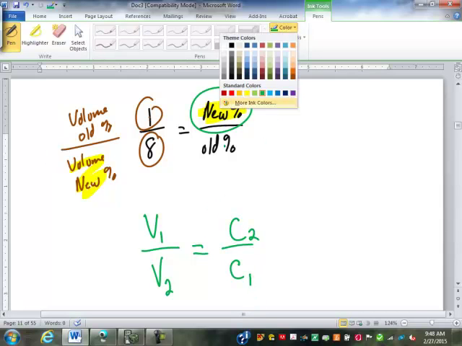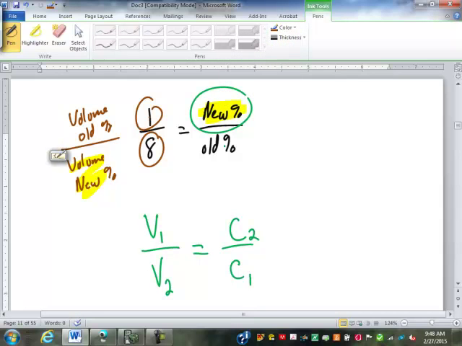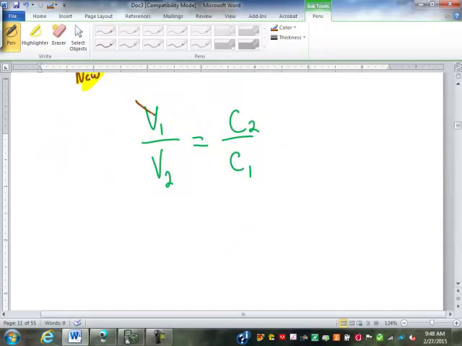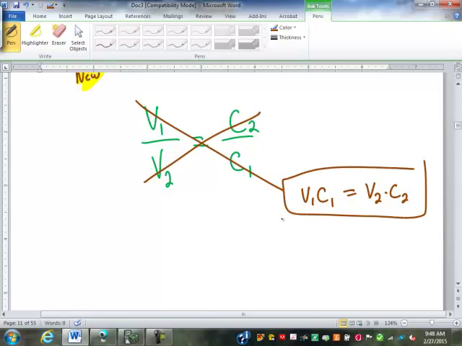If I rearrange this equation, doing the cross products, I get V1 times C1 going one way, and V2 times C2 going the other way. So from that dilution formula, I get this formula here, which is the concentration adjustment formula, or sometimes called a change in concentration formula.